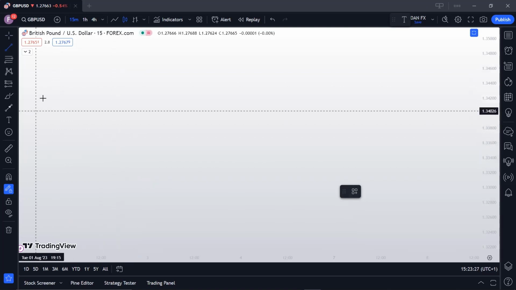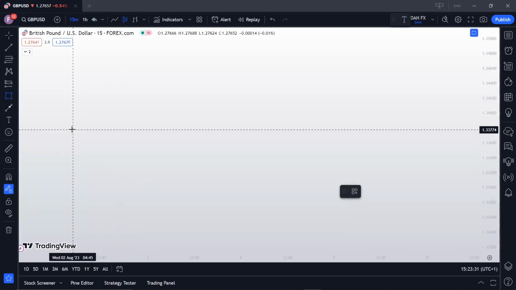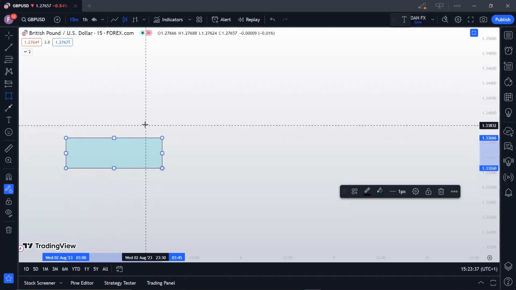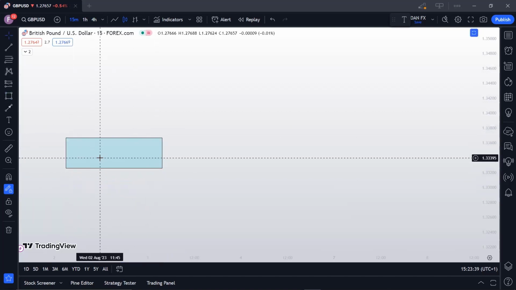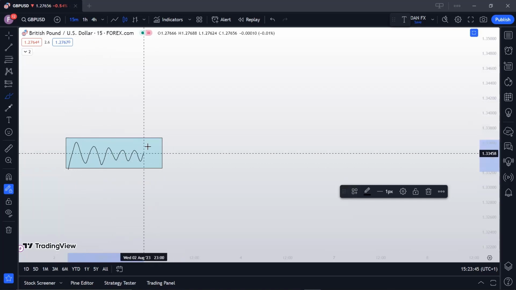So now, to break down the strategy, I need to first break down the Asian session liquidity so you can know why the pattern exists. So this is our Asian range here that lasts for 8 hours, and we know that the market usually consolidates during this Asian session.